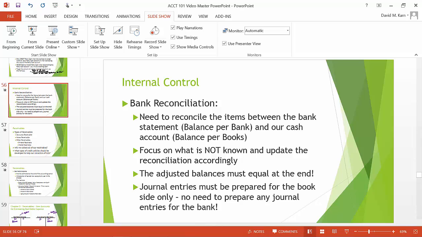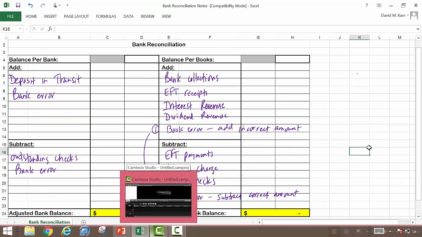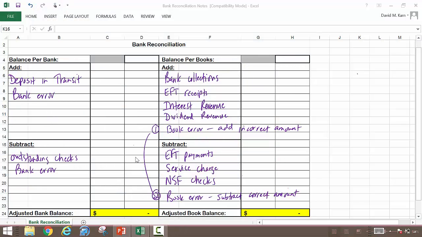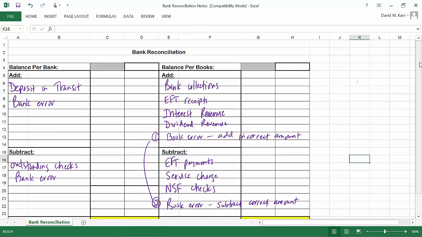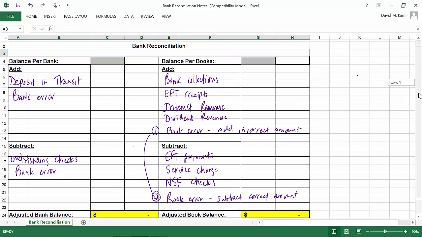Okay, so let's see what we have here. I have in Excel here for you a little document I use in class quite a bit. And really what we're looking at here is how you would set this up. You would have the business name at the top here. Let me make this bigger. So you'd have the business name there, your bank reconciliation, and then for your specific period there.